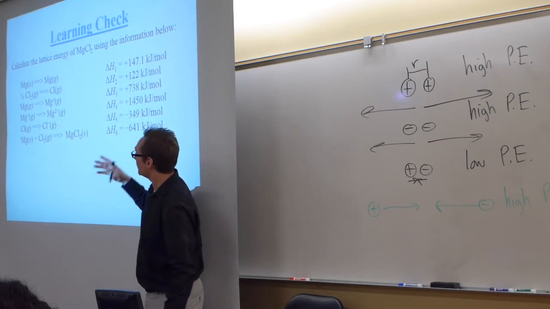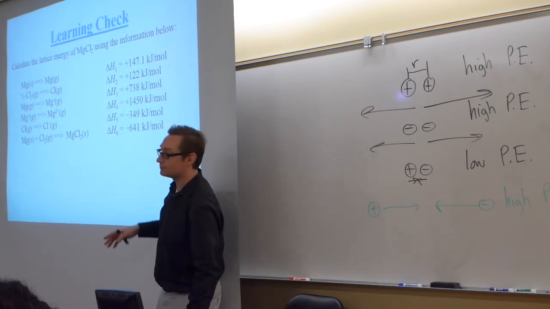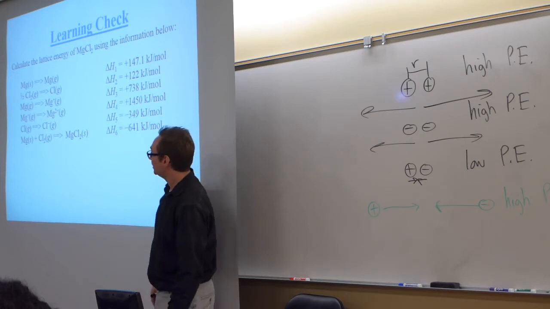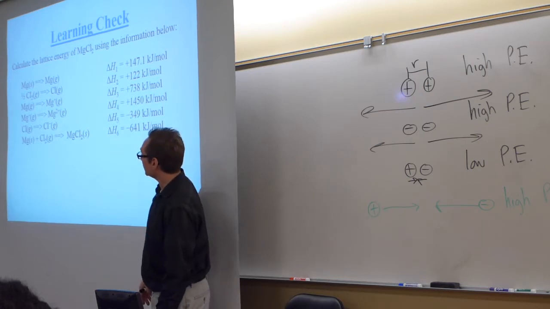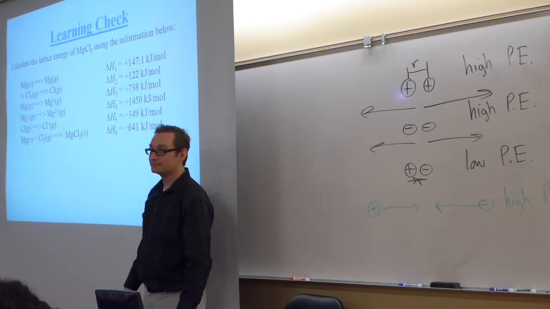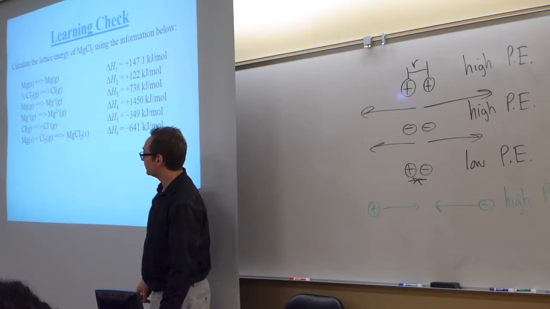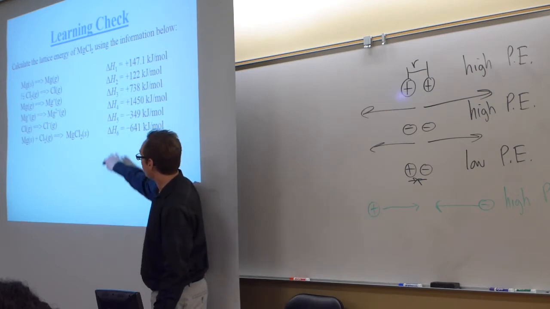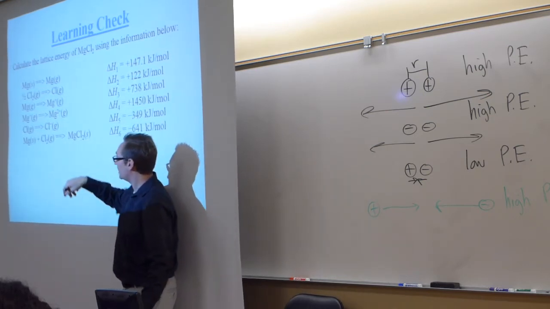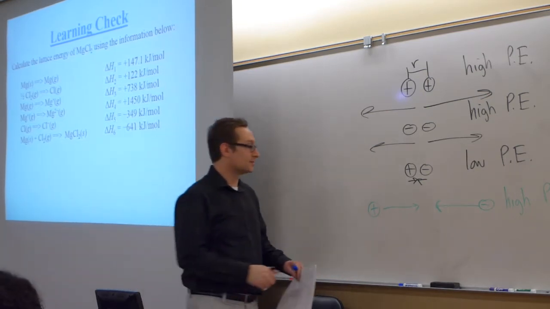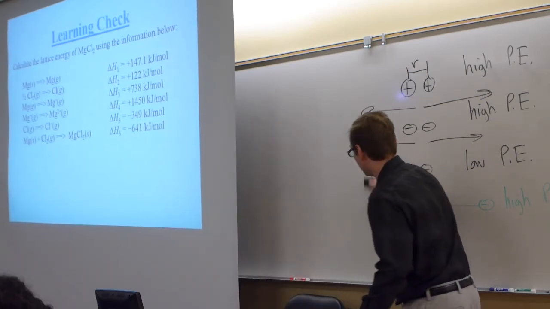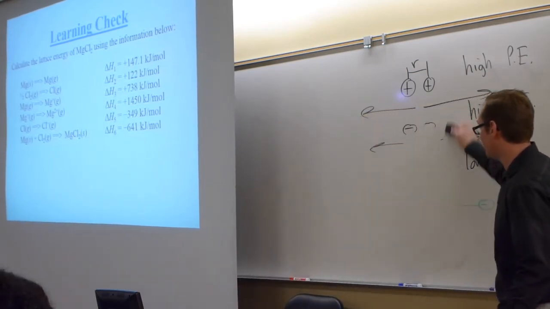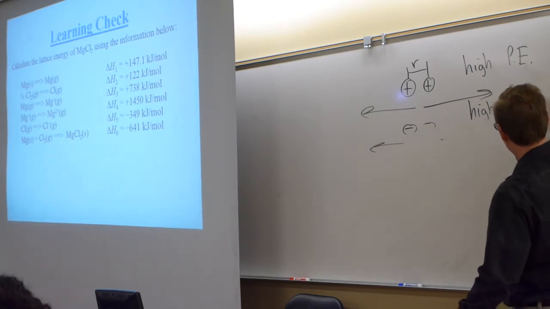You've got the vaporization, the bond dissociation of chlorine, the first and second ionization energies for magnesium, the first electron affinity for chlorine, and the heat of formation of magnesium chloride. So let's rewrite this in the way it was written for the sodium example, and I think it'll look pretty similar.